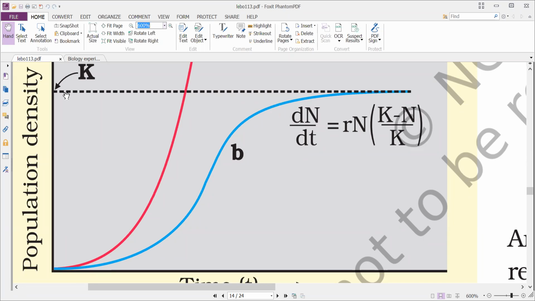This dotted line represents the K value, the carrying capacity. To understand the density of that population at a particular period of time, there is a formula: dN/dt = rN (K - N)/K.